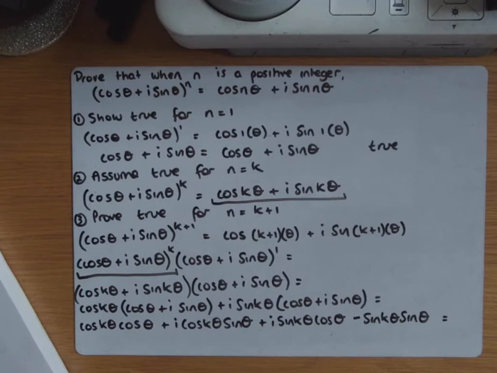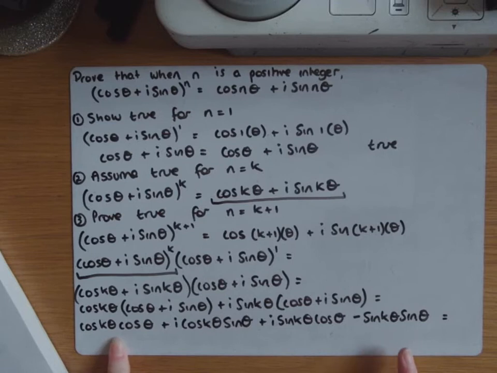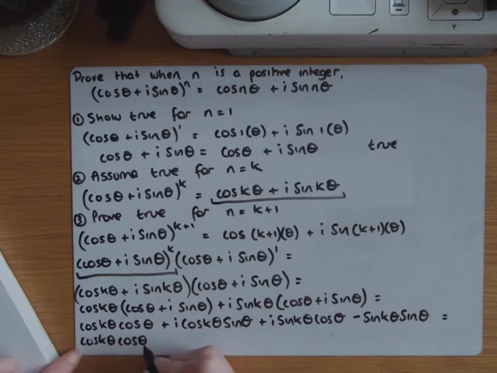From here you're going to put your reals together and you're going to put your imaginaries together. So I'm going to keep these two together and I'm going to factorize out the I, and I'm going to put these two together. Okay, and we're going to end up with the identities like we did in trig 2. Okay, so cos A plus B, sin A plus B, or something along those lines. So let's have a look at what we have first. We have cos k theta cos theta minus sin k theta sin theta.